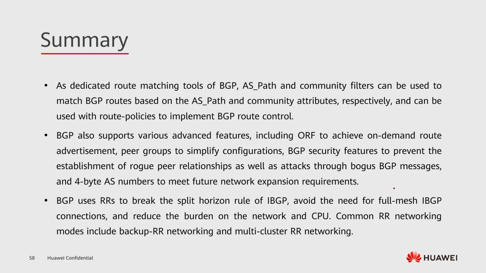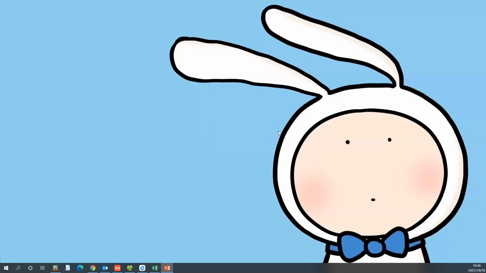And in this course, we only talk about how to use the AS path and the community attribute. Just use the AS path filter and the community filter to do route control for BGP. And we also introduced some other BGP features, such as ORF to receive specific routes, the BGP peer group, the 4-byte AS number, and the RR network mode. Okay, that's all for the IGP and BGP features.